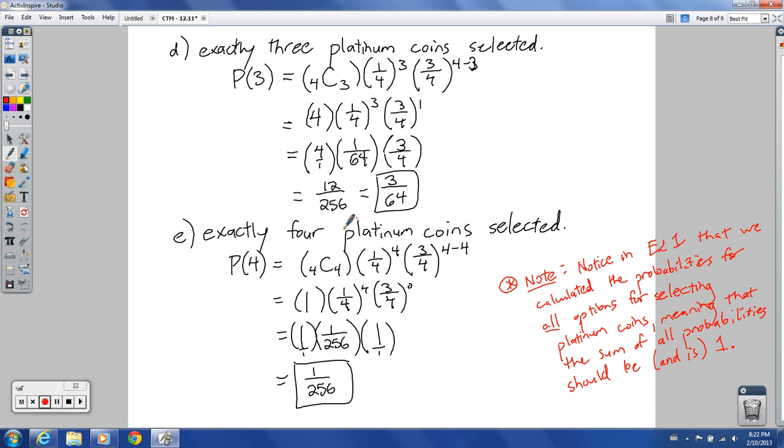And so we checked that out. A nice way to check our answer on this one to know that we got it right.